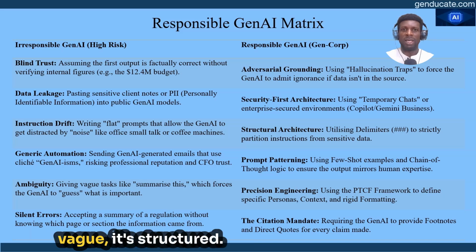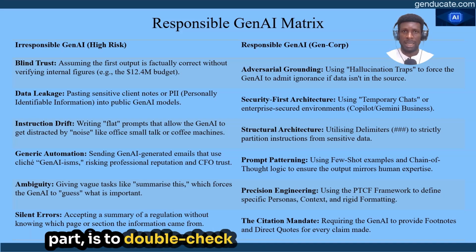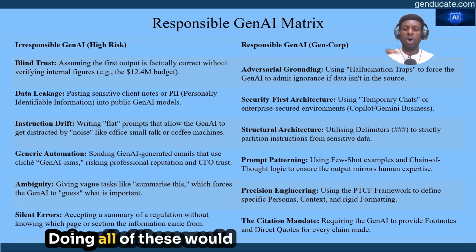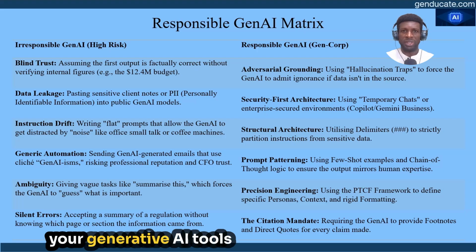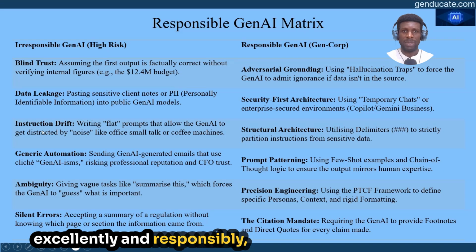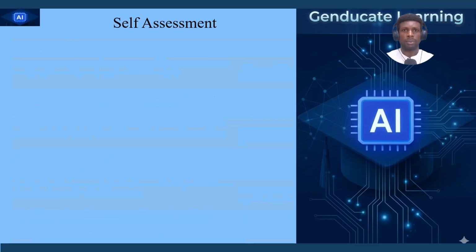So your prompt is not vague, it's structured. And the last part, the sixth part, is to double check key details, especially technical details, after. Doing all of these would ensure you're using your generative AI tools excellently and responsibly, and you wouldn't have all the irresponsible issues that we hear of in industry.